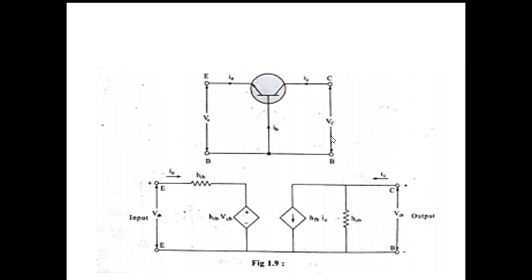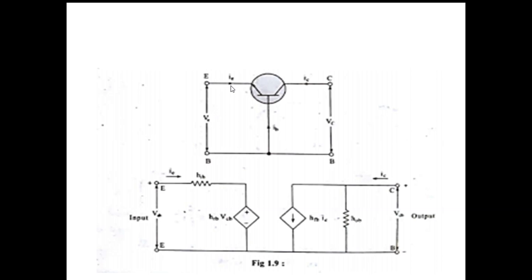This reverse voltage gain is now replaced with a voltage source. Now here no components are connected to this two-port network. At the input side only the input voltage is applied, that is VE. By applying this input voltage, IE current is flowing.